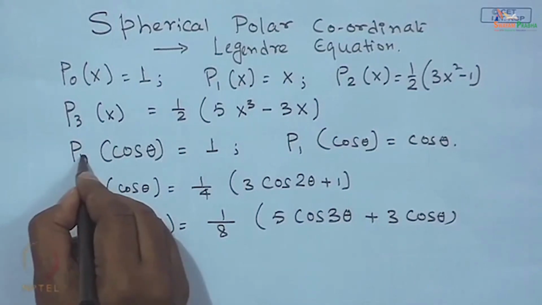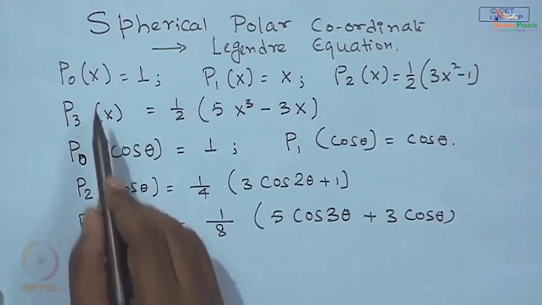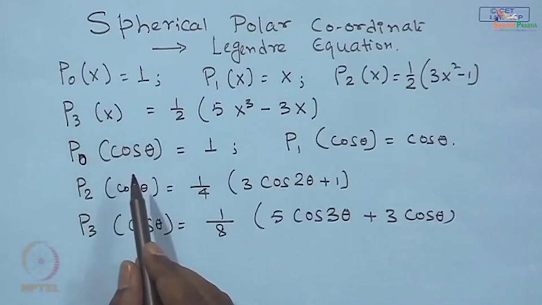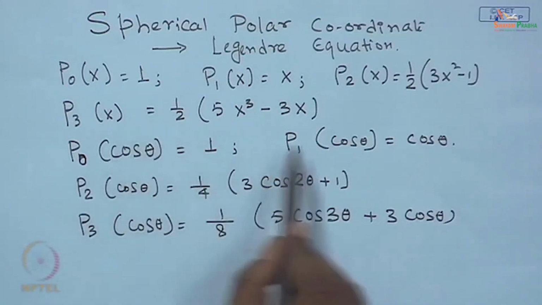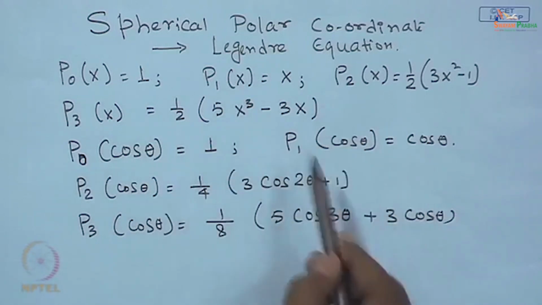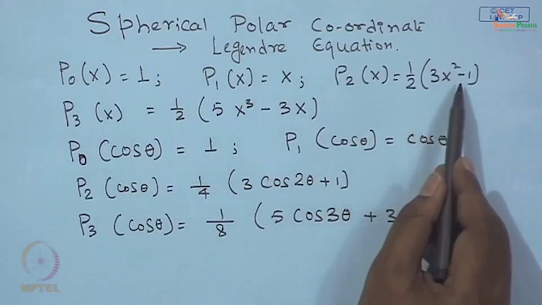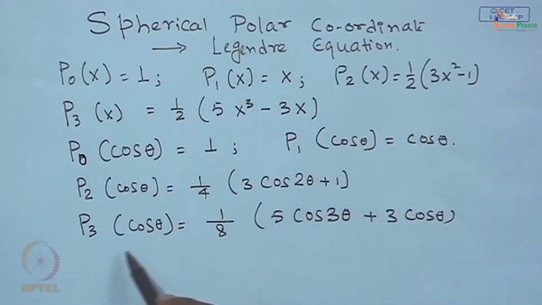So, this is P 0, this cannot be P n. So, P 0 cosine theta. These are the forms in polar coordinates, where we just replace x with cosine theta. So, we get P 0 cosine theta is 1, P 1 cosine theta is cosine theta, P 2 cosine theta is equal to half of 3 cos square theta minus 1, that is given by 3 cos 2 theta plus 1, and similarly we will get P 3 cosine theta.